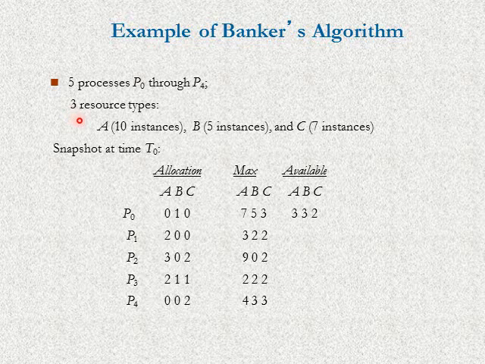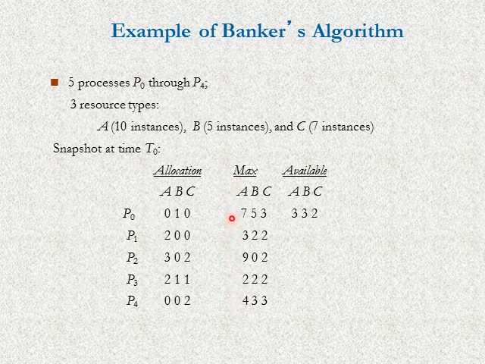So in this example, we have 10 instances of resource type A, 5 instances of resource type B, and 7 instances of resource type C. So we know that in this algorithm, there is a requirement that when a process enters into the system, it has to declare the maximum instances of the resources that it will require throughout its execution.